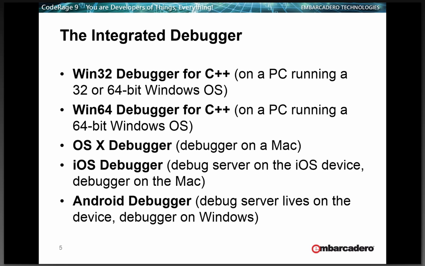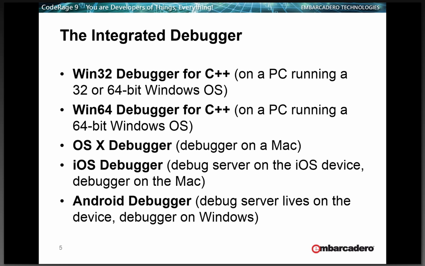So everything's good, right? In the case of Win64, if you want to debug, you need to either have your machine be Win64, or you have to connect to do remote debugging to a 64-bit Windows machine. That's correct. Yeah.